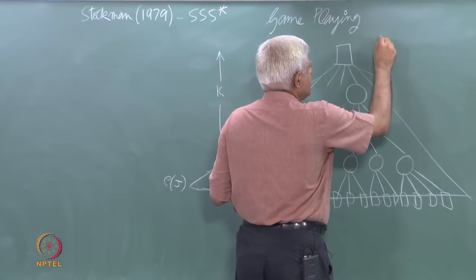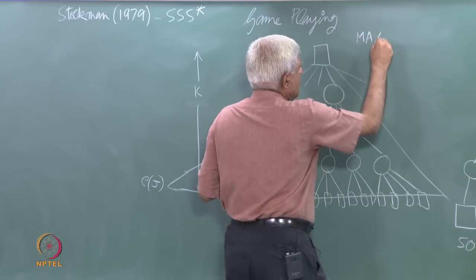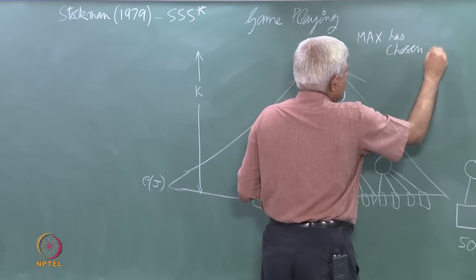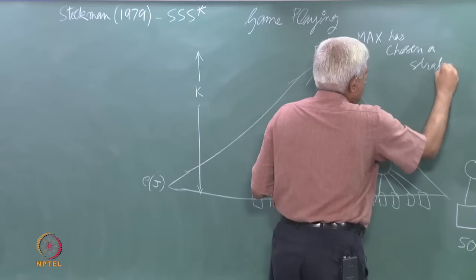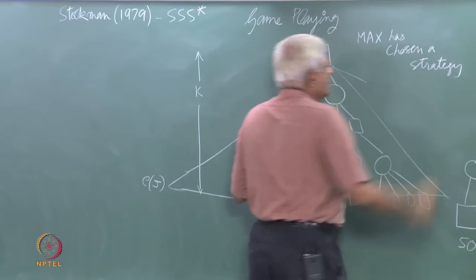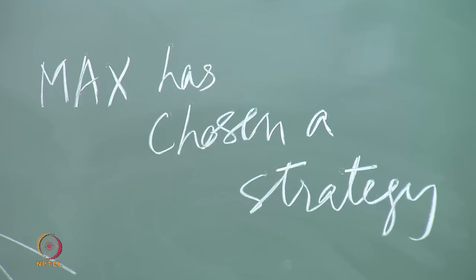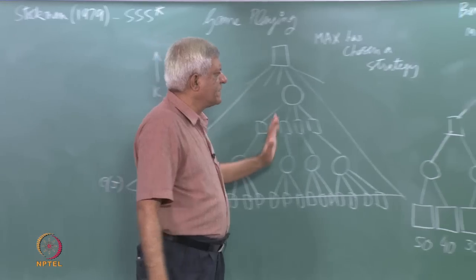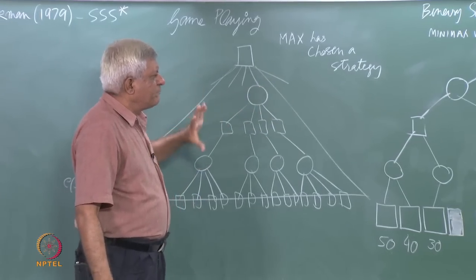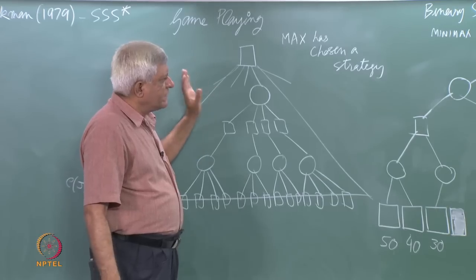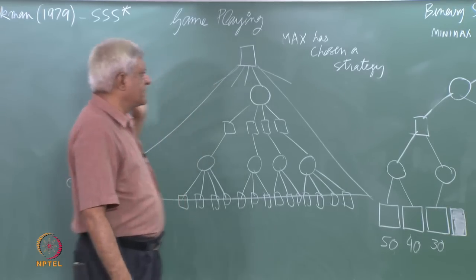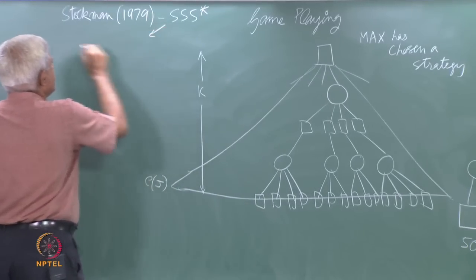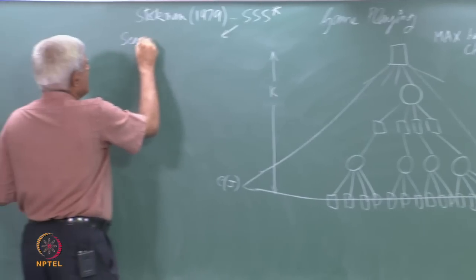So, Max has chosen a strategy. Of course, the alpha beta algorithm does not search in the space of strategies, it does not even consider strategies as such, but SSS star searches in the space of strategies.